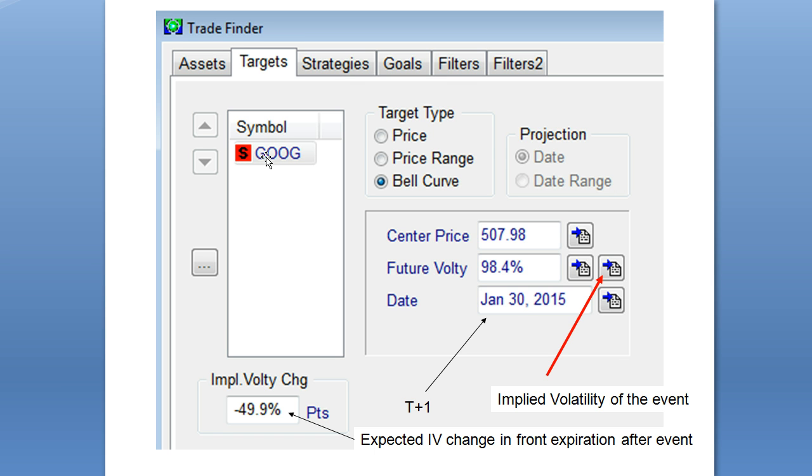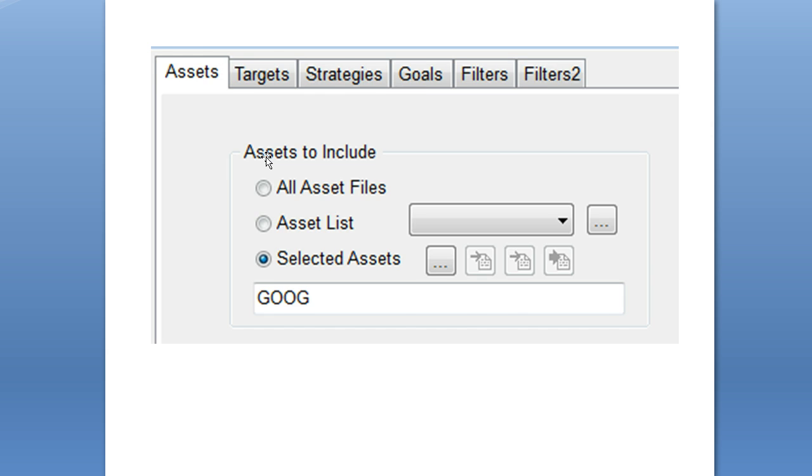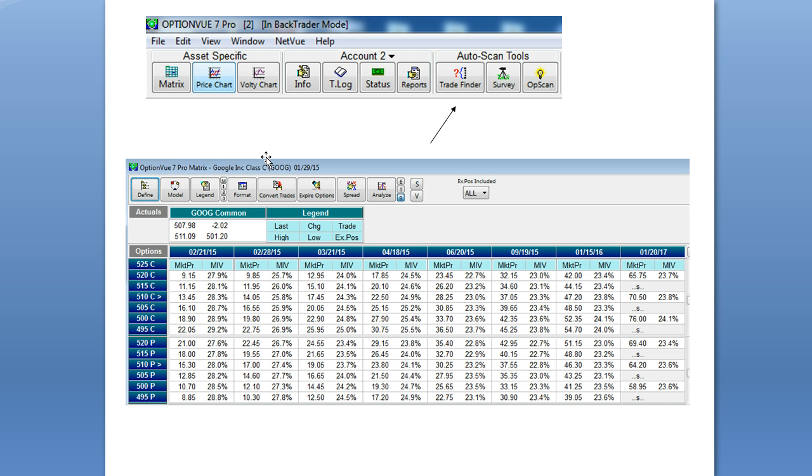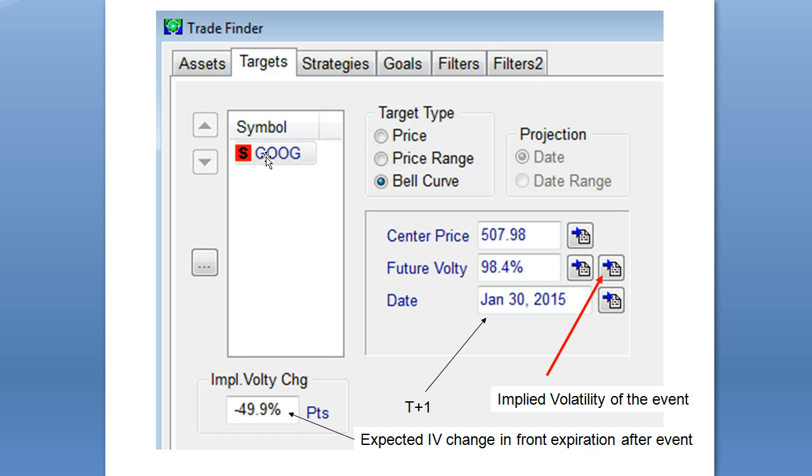When you go into targets for Google, you're going to notice something down in the bottom left corner. It'll say implied volatility change, and there'll be a number there.